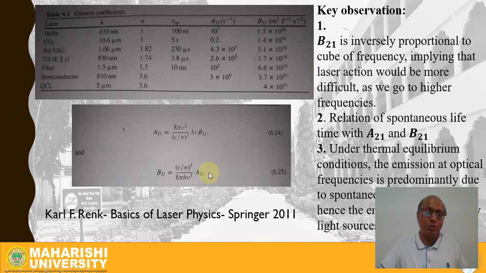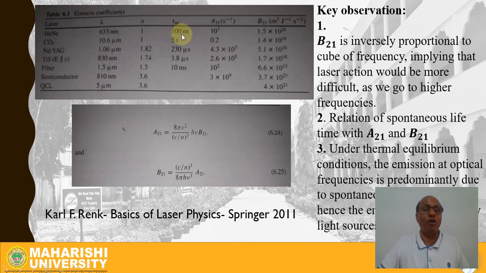A21, that is spontaneous emission, is undesired, but you cannot reduce it to zero, though you can try to minimize it, and you can observe this from the above table. As you can see here, the spontaneous lifetime in the helium neon laser is 100 nanoseconds.